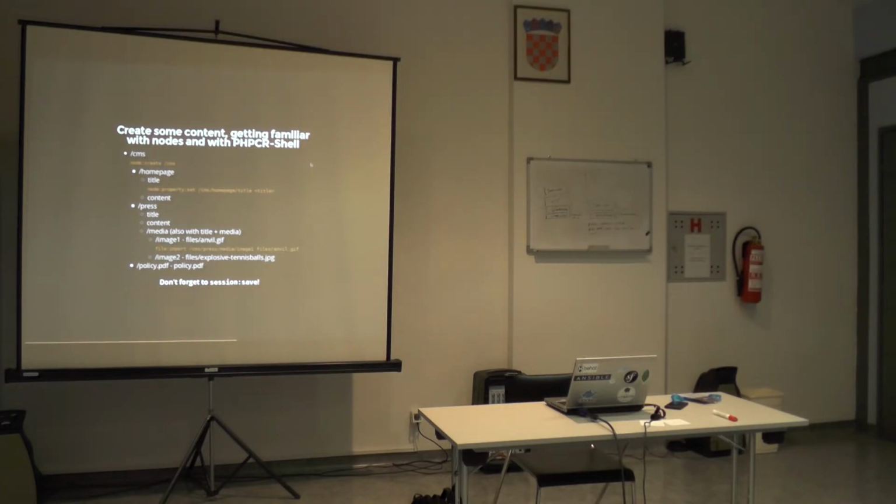Did you exit your shell already? You should be asked to save the session before exiting the shell. What you can do if you don't want to type it again: check out branch part 2.